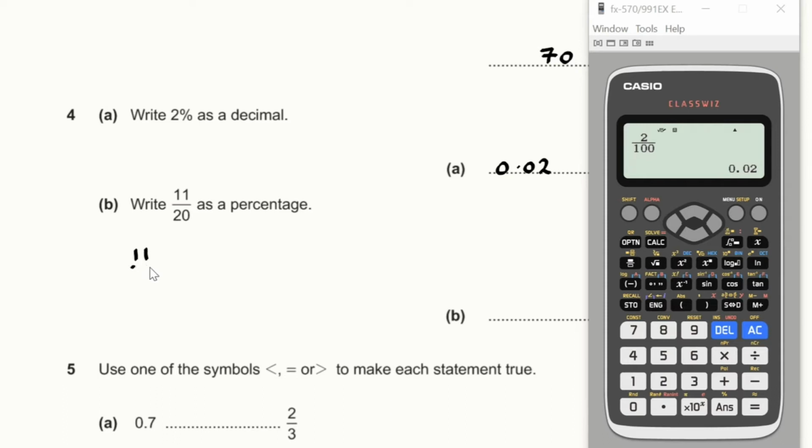Well, to go from a fraction to a percentage, we multiply the fraction by 100. And if we work this out, 11 over 20 multiplied by 100 is 55. So we have 55%.